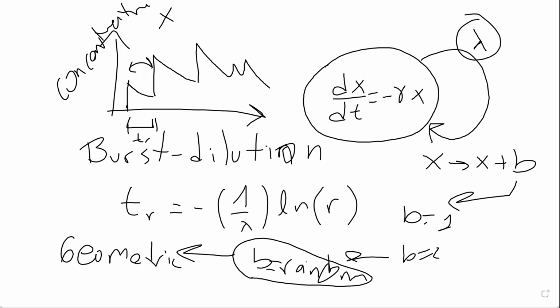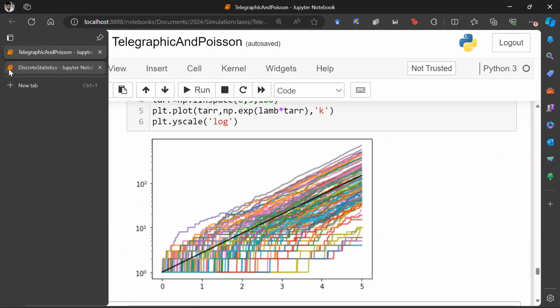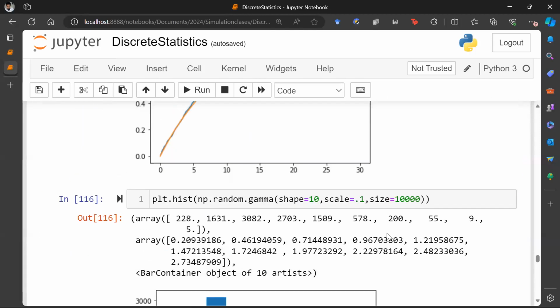So we can do exactly the same, proposing the time for the next reaction. The next reaction is going to be the next jump, which is going to occur at a time exponentially distributed. But the thing is, during this time between reactions, the concentration will change. Specifically, it will decrease following the exponential decrease.